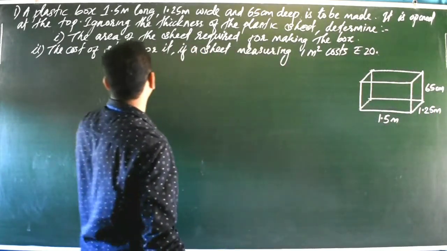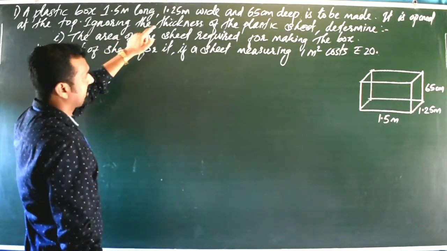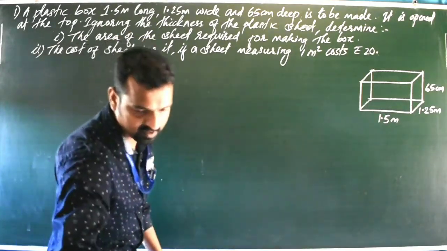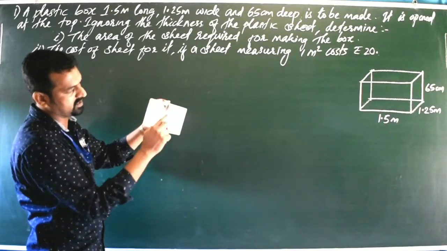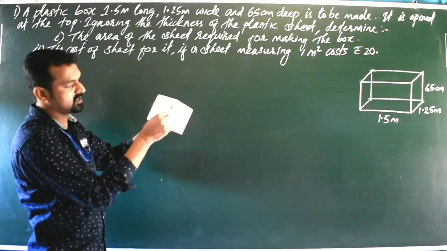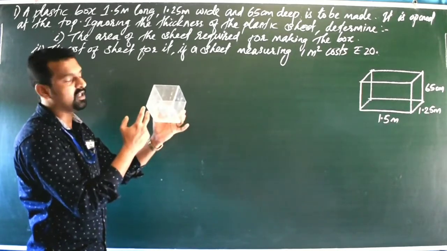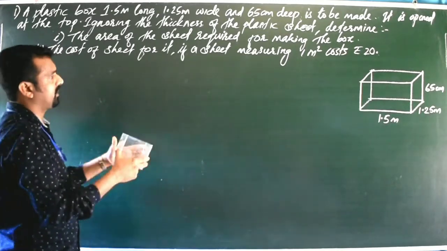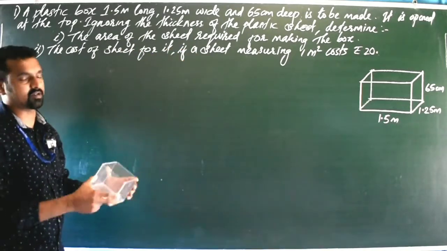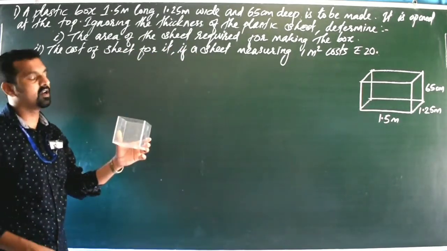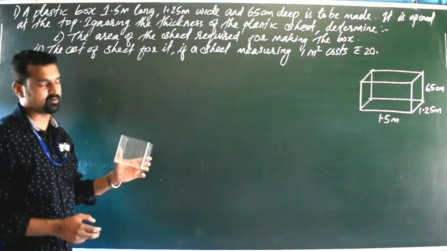It is opened at the top and ignoring the thickness of the plastic sheet. That means when we are making this box, this plastic sheet has a thickness. Just ignore that one and find out the area of that sheet. How much area of sheet is required for making this box, that we want to find out.